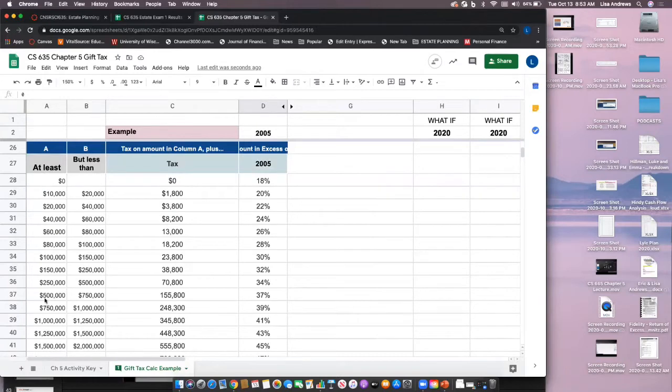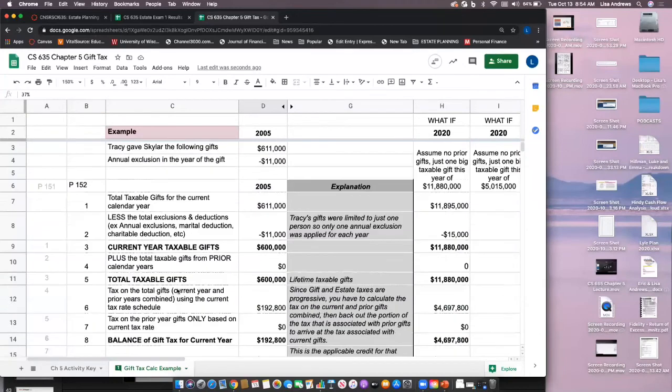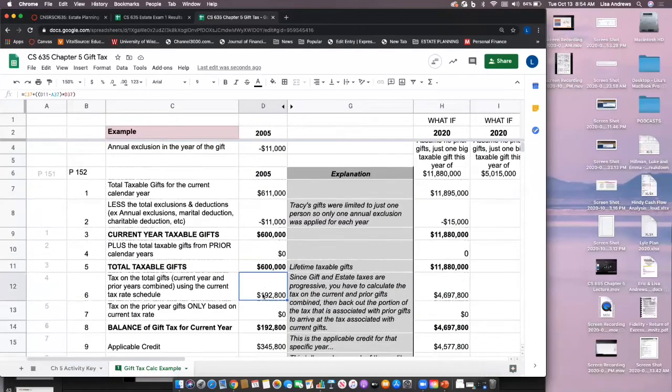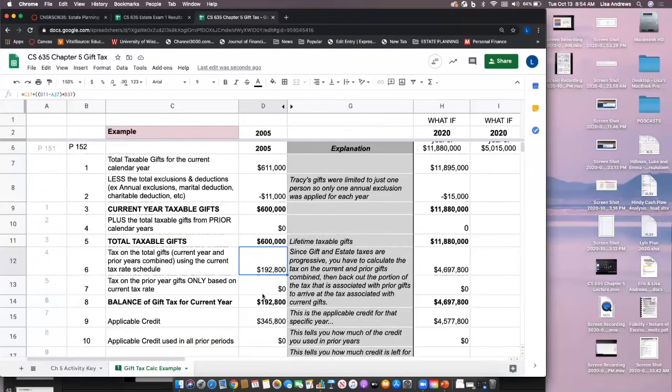At least 500, but less than 750. So we know it's 155.8 plus 37% on the 100,000 amount that goes over the 500. And that's where this 192.8 came from. So that's the tax bill on the $600,000 taxable gift.